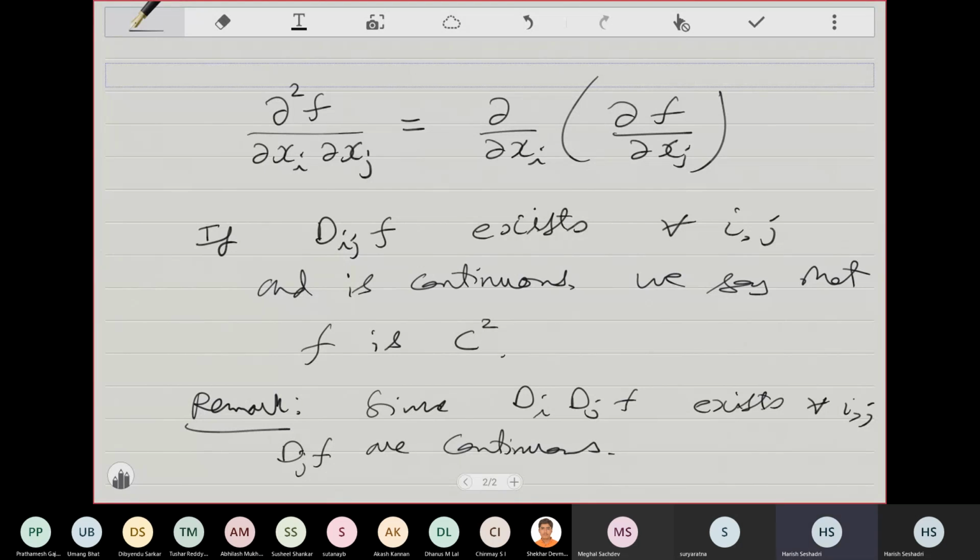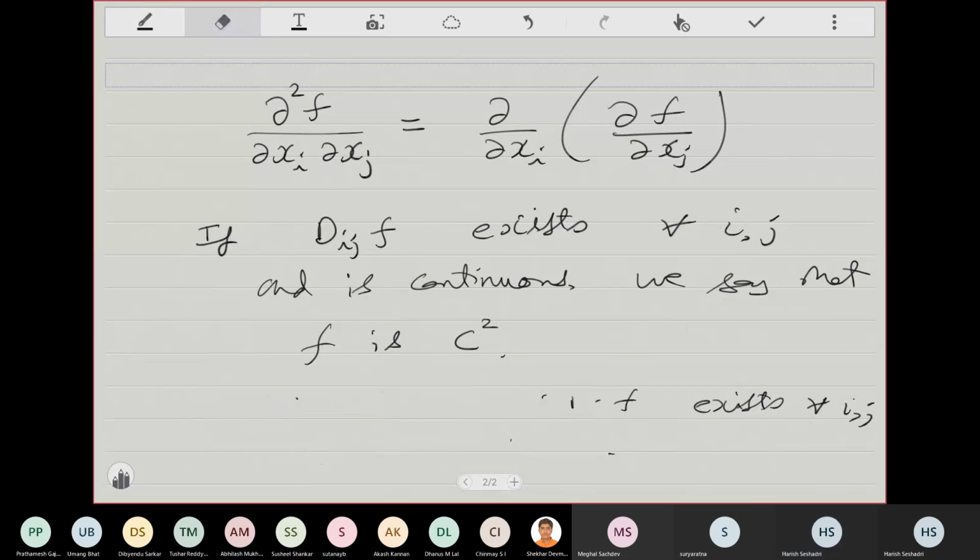Oh, sorry. No, this is not true. Sorry, I take back this. This is not correct what I wrote. Yeah, let's leave it like this.